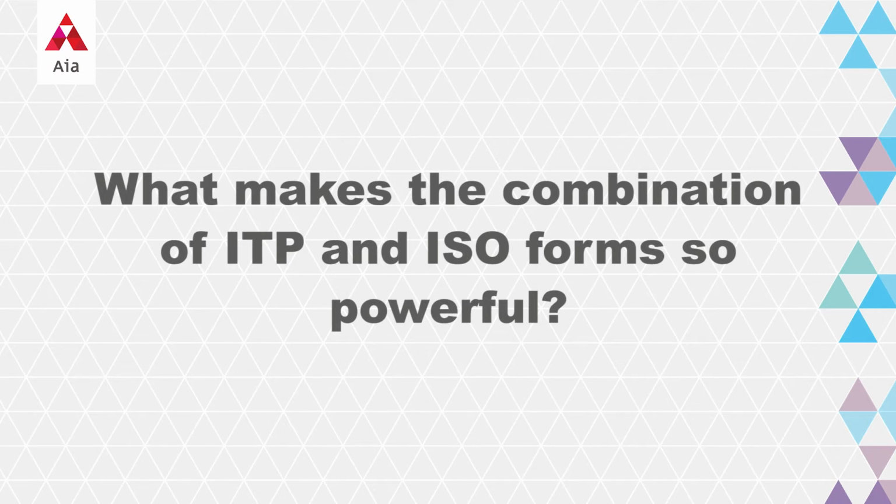What makes the combination of ITP and ISO forms so powerful? Well, ITP is a generic customer communications management platform. ITP is used for generating all kinds of customer communications from application data and wherever required user input. And as such, it's also a strong CCM solution in itself for insurance systems.